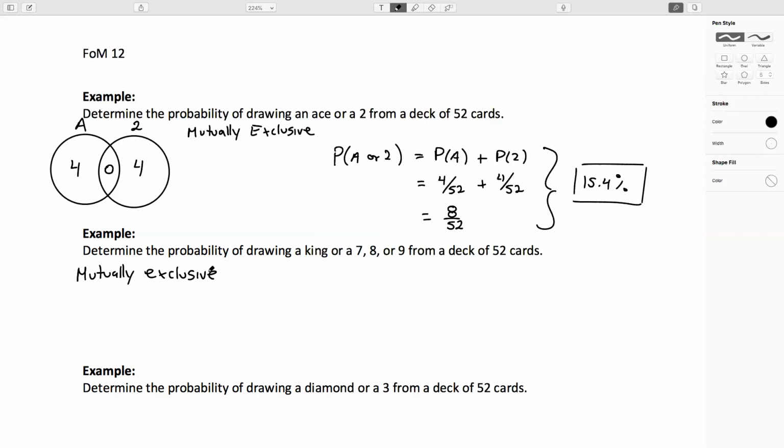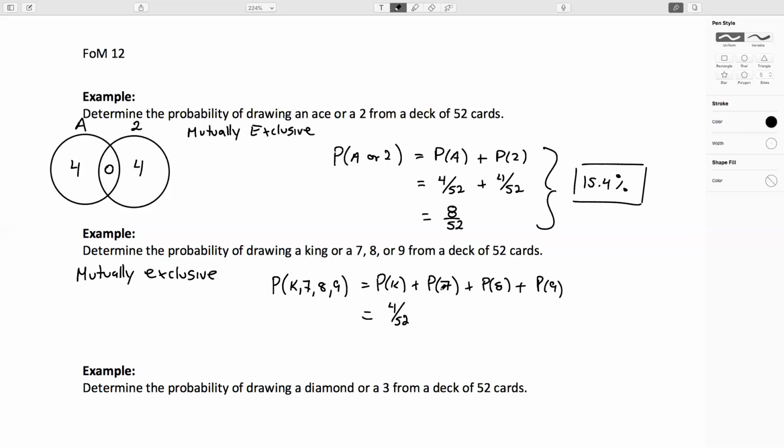Okay, so now the probability of getting a king, 7, 8, or 9 is given by the probability of getting a king plus the probability of getting a 7 plus the probability of getting an 8 plus the probability of getting a 9. We're just adding each of the individual probabilities up because each one could get us the win. So there's 4 different things that could increase our chances. There's 4 kings in the deck, so 4 over 52 for the first probability.